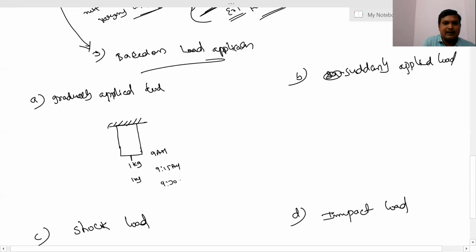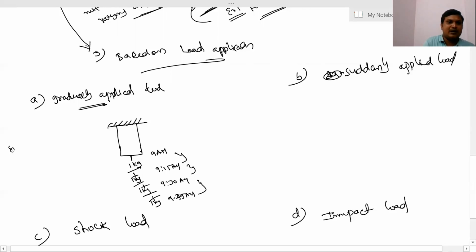Again at 9:45 am, I apply a 1 kg load. Means every 15 minutes the time interval is constant. So 1 kg, 1 plus 1, 1 plus 1 plus 1. I'm applying the load gradually at frequent intervals of time. That is called gradually applied load.